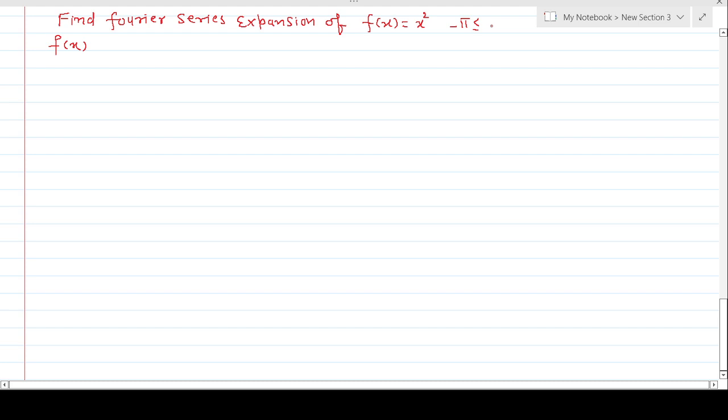So solution, f of x is equal to x square.